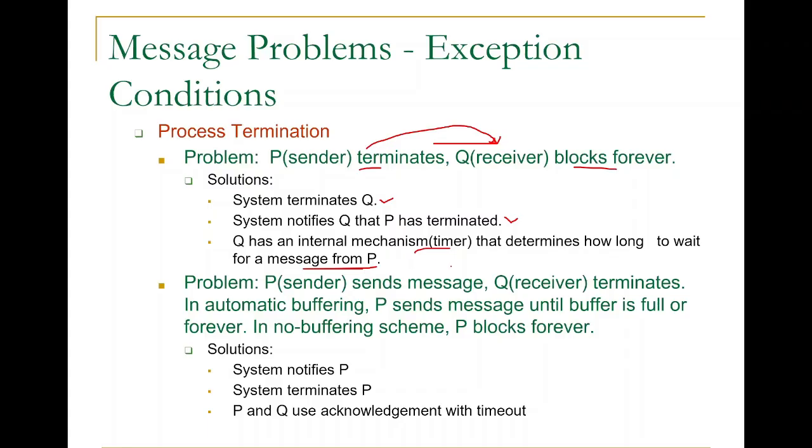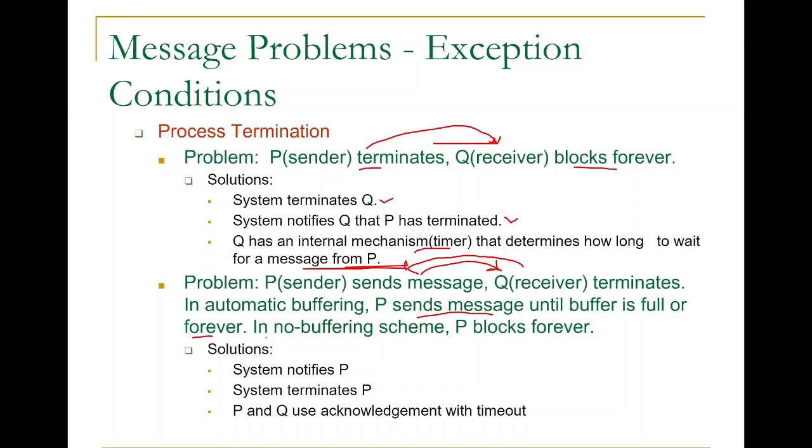Remember that when P sends information to Q, Q must also respond back that it has gotten it. So if it does not receive that, P will keep sending until the buffer is full. Or with infinite buffering, it keeps on sending forever, and never gets any response.